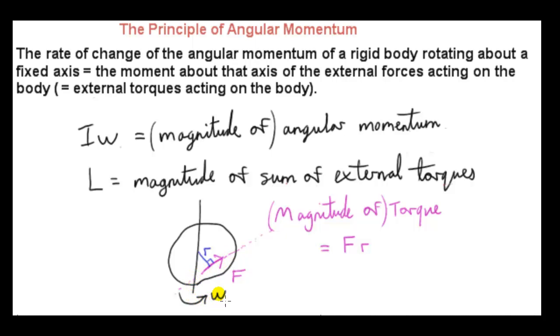So if it had angular speed omega, if we apply this external torque, we could call this torque L. If we apply this external torque L, it will cause the body to speed up. Or we could imagine a torque applied to the left of this axis. So if the body was already rotating with angular speed omega in this direction, if we apply a torque to the left of the axis, it will cause the body to slow down.